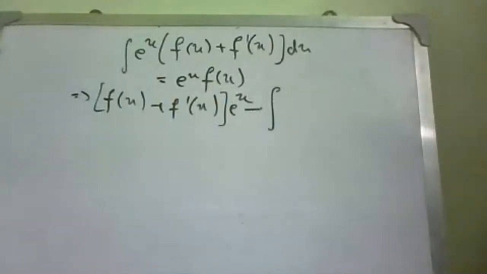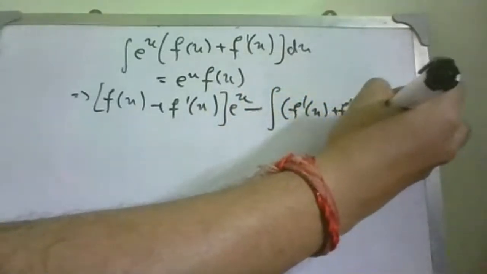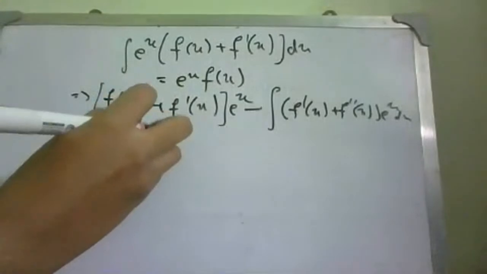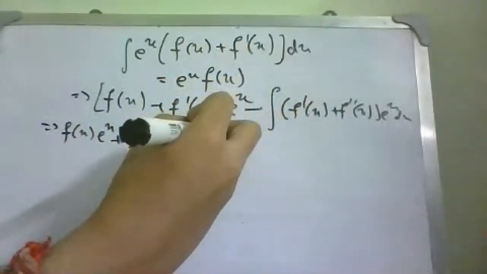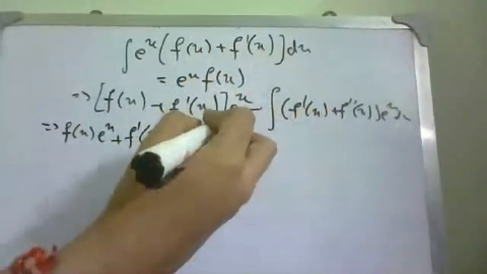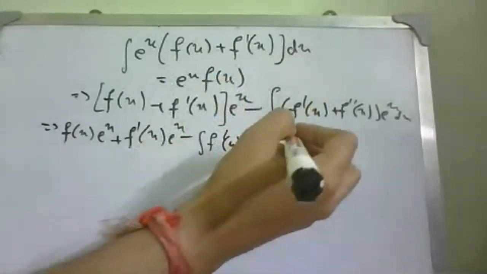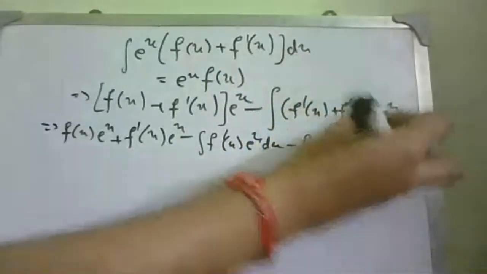Even if we need this, yes, we can. f dash x plus f double dash x times e to the power x dx. f of x e to the power x plus f dash x e to the power x minus integral f dash x times e to the power x dx minus integral f double dash x e to the power x dx.